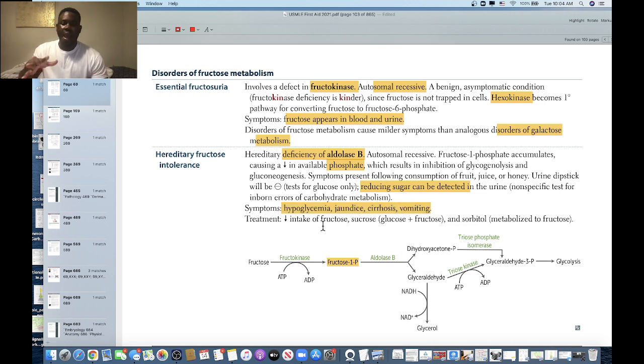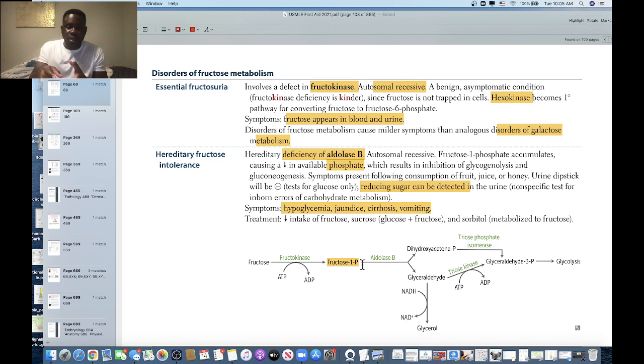One way I remember this is that the 1-phosphate is like a pin that is going to prick the liver. So accumulation of fructose 1-phosphate will cause liver problems.